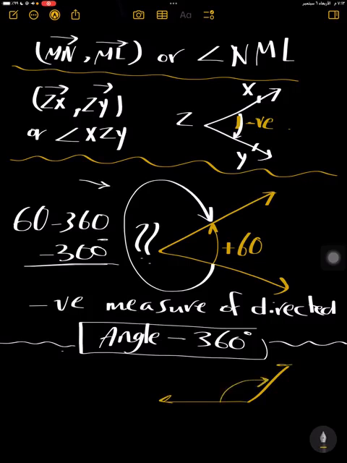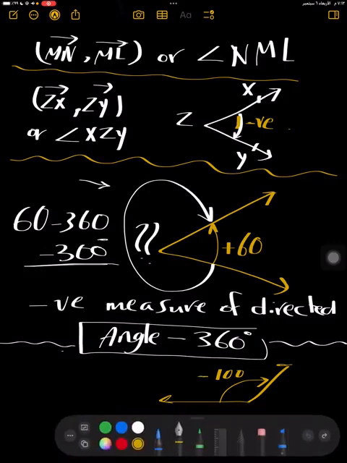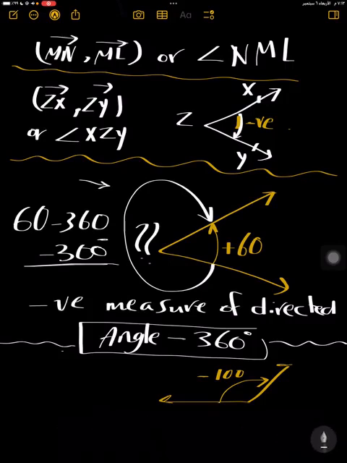If the measure of this directed angle is 100, and because the direction of this arrow is clockwise, then the direction is negative. We want to find the positive measure of this directed angle. How can we find it? I said before, to find the negative measure, we make the angle minus 360.